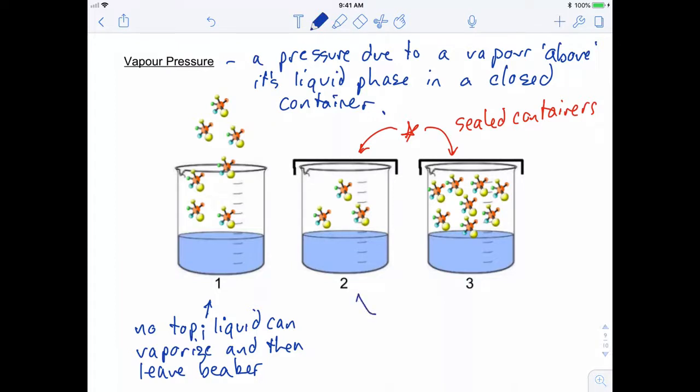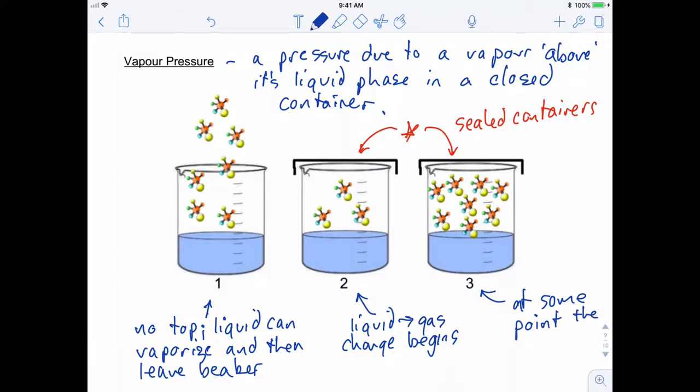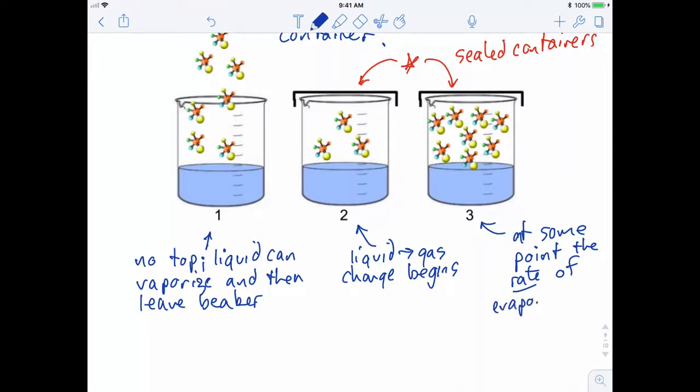Now if we look at beaker number 2, we can pour a liquid into a beaker and put a lid on, and we will get, relatively speaking, the beginnings of an accumulation of vapor particles. They begin to evaporate. Because it's sealed, they cannot leave. Eventually, over time, there's an equilibrium between the rate of evaporation, that is the rate at which things go from liquid to vapor phase, and the rate of condensation, that is things going from the vapor phase back into the liquid phase.